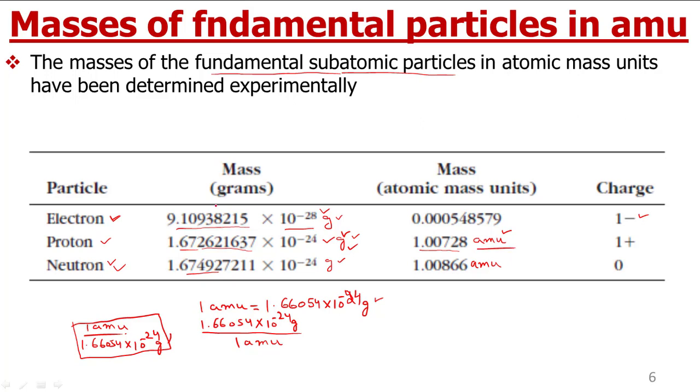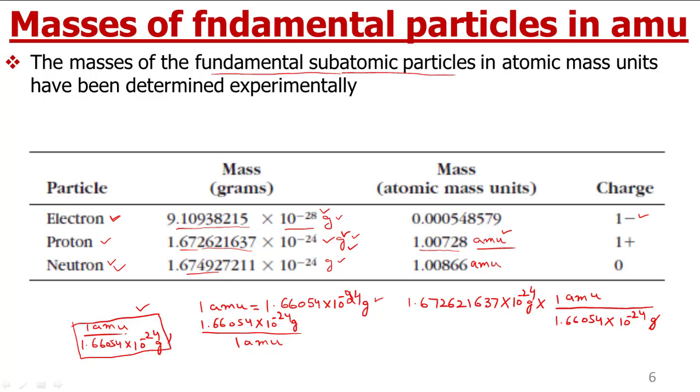So let us see. We will use this conversion factor. We will get 1.672621637 into 10 raised to the power minus 24 grams into the conversion factor, 1 AMU divided by 1.66054 into 10 raised to the power minus 24 gram.